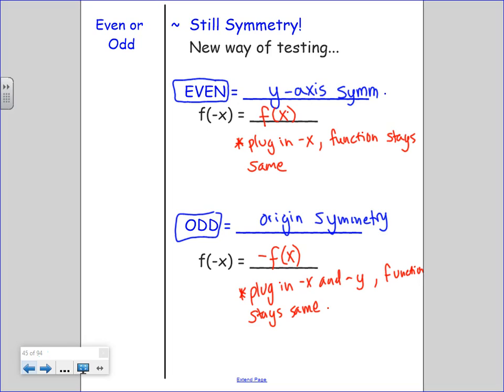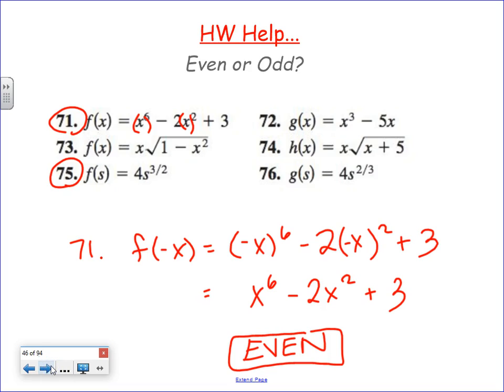If we're asking ourselves the question even or odd or symmetry, whichever question they ask, we put in a negative x and ask ourselves, what happens when we simplify? Does that make sense?